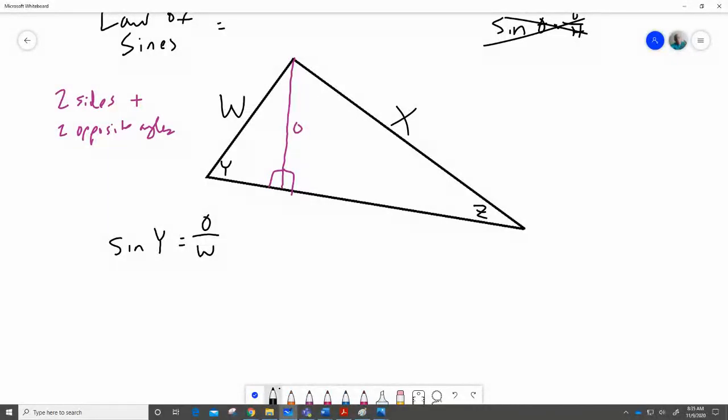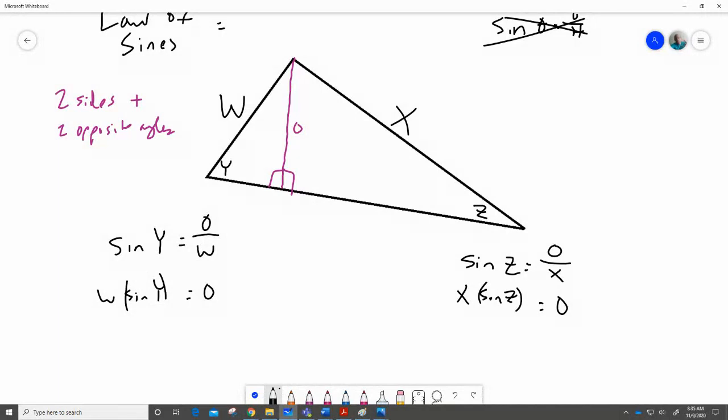Over here, the sine of Z is equal to O over X. O is the opposite leg, X is the hypotenuse. If we rearrange these equations, O is equal to W times the sine of Y, and O is equal to X times the sine of Z.